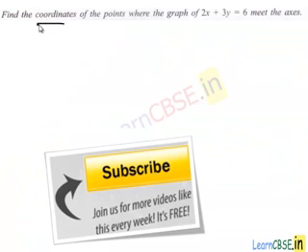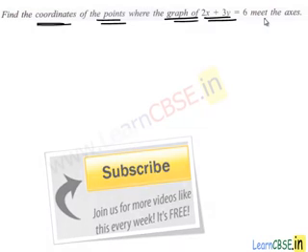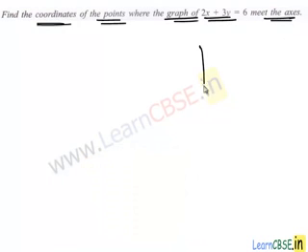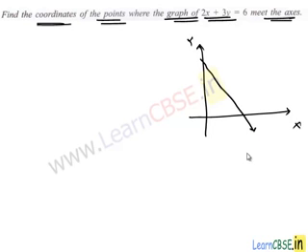In this question, we have to find the coordinates of the points where the graph 2x plus 3y is equal to 6 meets the x-axis. Here we take x and y-axis and we assume this is the graph of the linear equation 2x plus 3y is equal to 6. According to the question, we have to find out the points at which the graph meets the x and y axis.